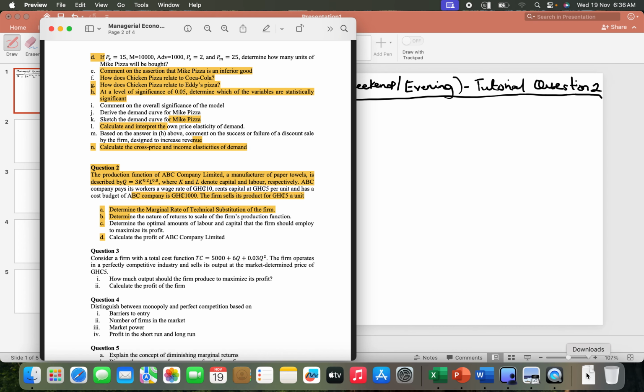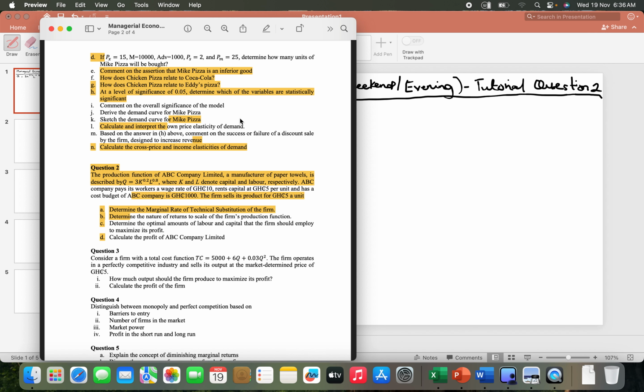Now, the question stated that ABC Company pays its workers a wage rate of 10 cedis. So wage rate is the same as price of labor, and rent of capital of 5 cedis. Rent of capital is the same as price of capital.